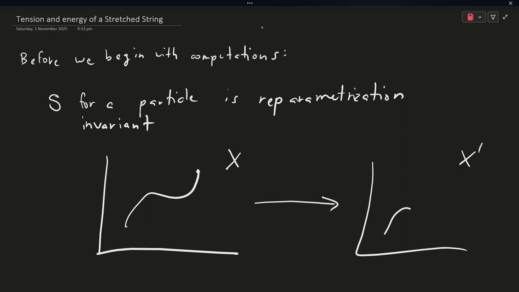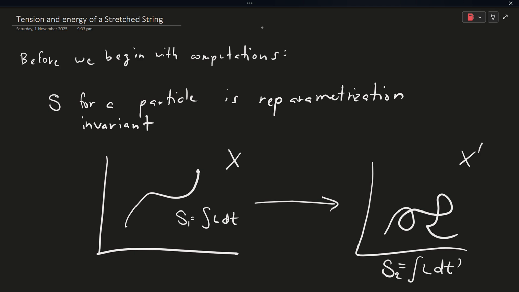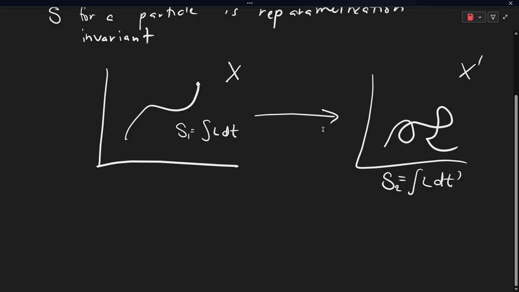Even though the world line of the particle looks different, the action computed from this, the integral of the Lagrangian dt, let's say this is S1, the action computed from the Lagrangian over the coordinates in this coordinate system, and let's say S2 is the integral of the Lagrangian with respect to the new coordinates. What you guys would know is that S1 must equal S2.